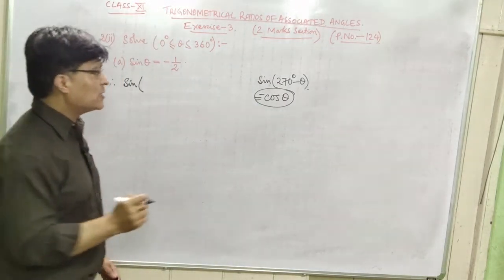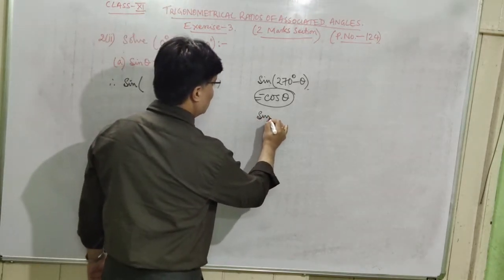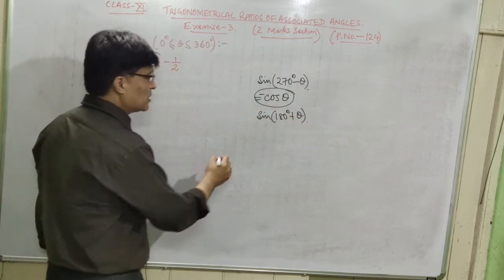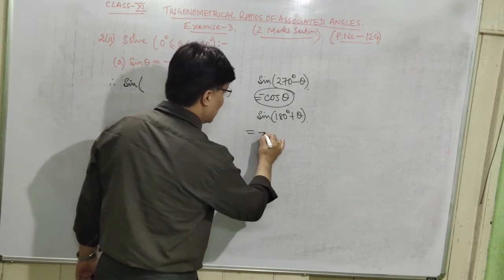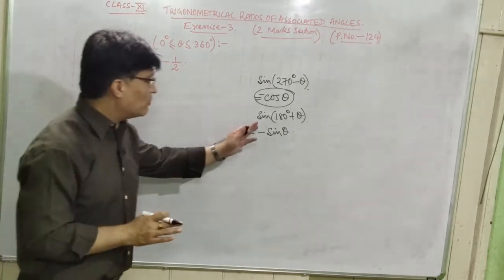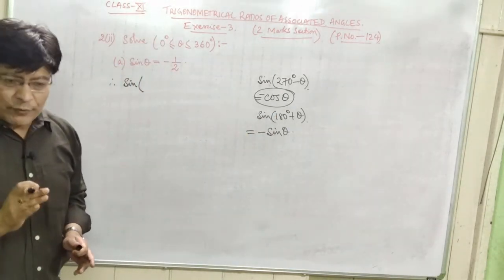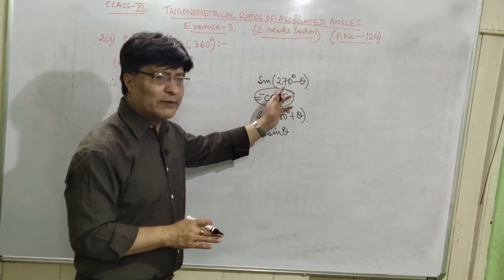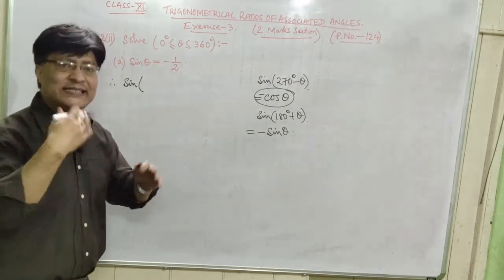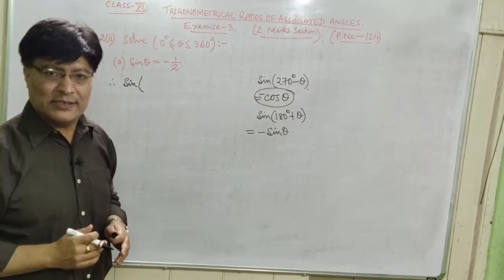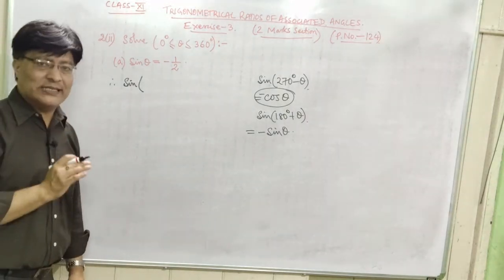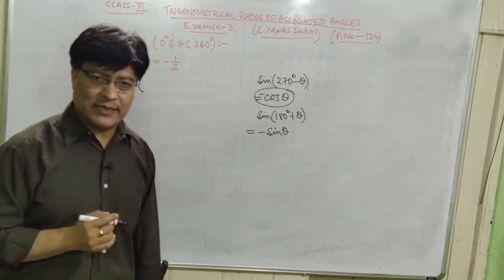But if you write sine 180 plus theta, then sine remains as it is, and you can write here minus sine theta. So in this case, the value will not change. If you write odd multiple of 90 minus theta, the trigonometrical ratio will change, and this value half may be changed. Is that clear? So that's why you have to write from even multiple of 90 always in this case in order to get the value for theta. Okay.